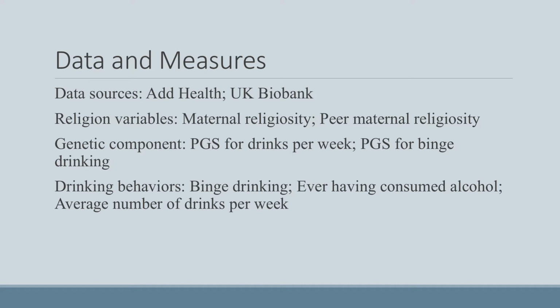We have religion variables at the level of maternal religiosity, which gives us a family level religious context, and then peer maternal religiosity, which gives us a larger social context that adolescents are nested within. And then for drinking behaviors, we have binge drinking, ever having consumed alcohol, and average number of drinks per week.